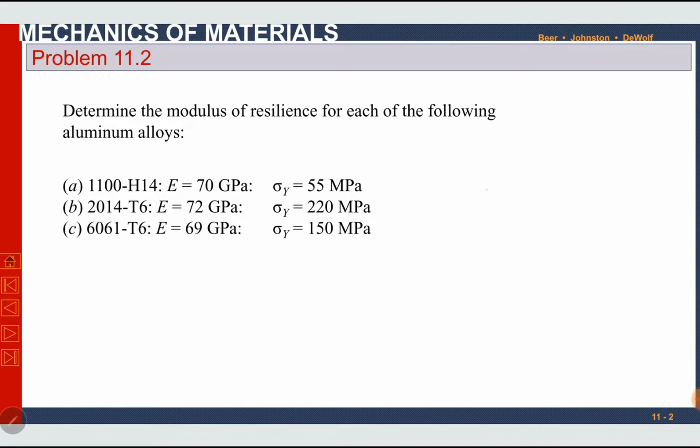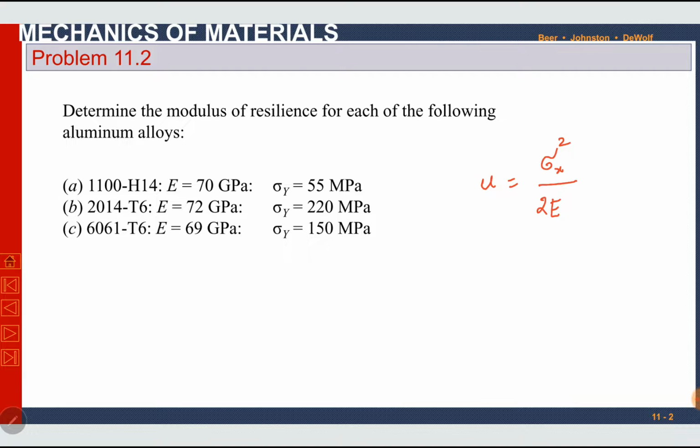One of the very simple formulas for strain energy density is U equal to sigma x square, which is normal stress in x direction or any other direction you can use, divided by 2E. E is modulus of elasticity. This expression is for elastic strain energy density, because we are using E, so it is for elastic range.